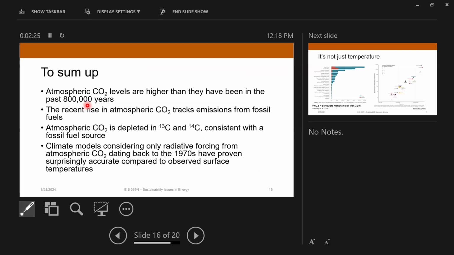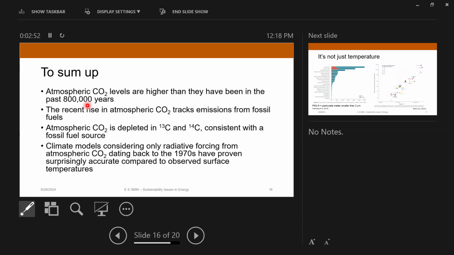The recent rapid rise in atmospheric CO2 tracks fossil fuel combustion, and we know from the isotopic signature of atmospheric CO2 what the contribution of fossil fuel combustion is, and we know that it is contributing to, or even causing, the increase in global temperatures that we've had going back to the mid 1800s.